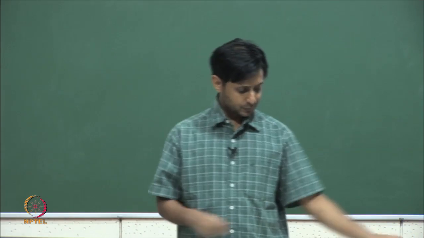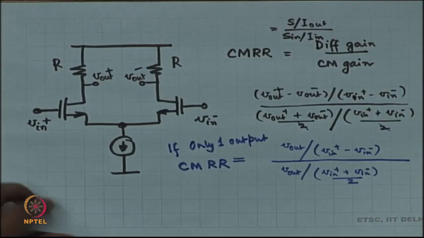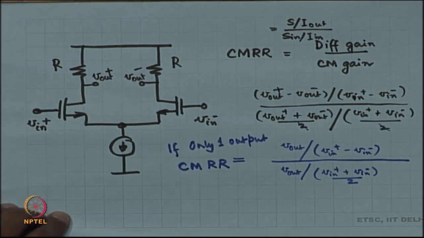All right. So far we have been studying this basic circuit as our differential amplifier. Suffice it to say that you can modify this circuit in any way you want, and you can still use the same techniques that you have studied.